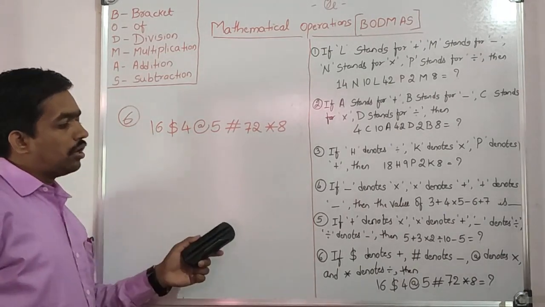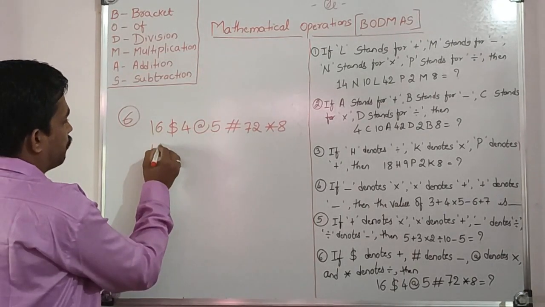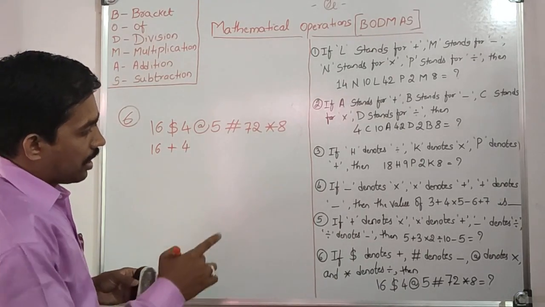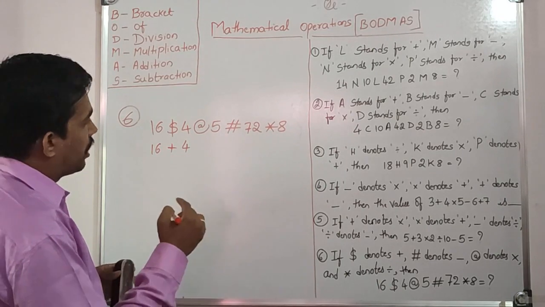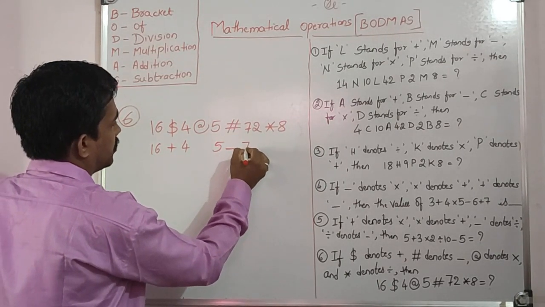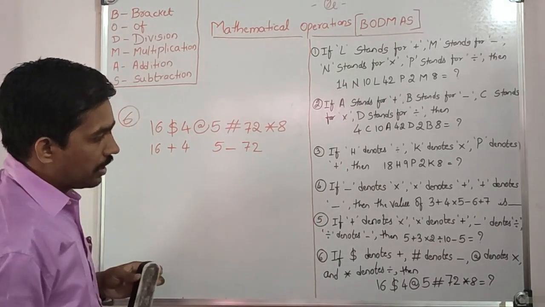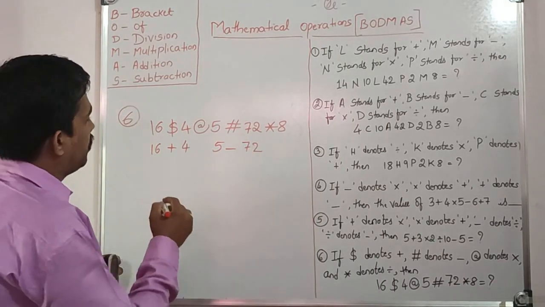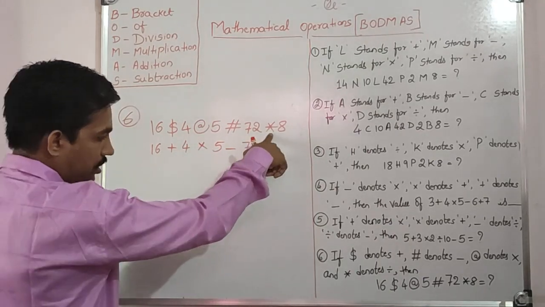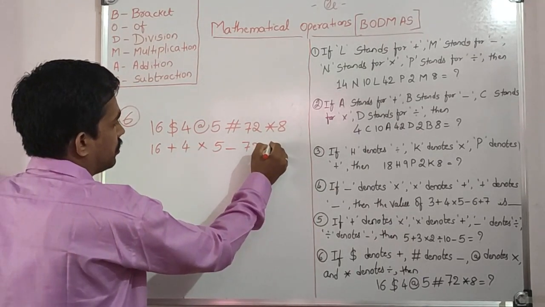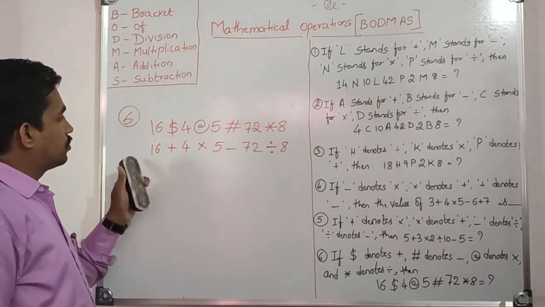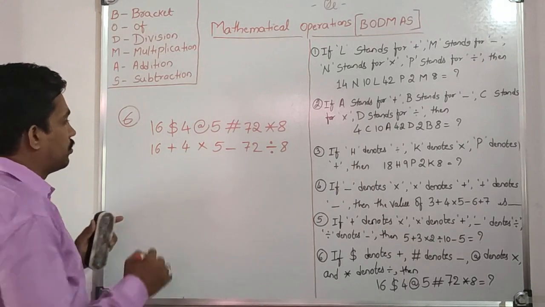If dollar denotes plus, instead of dollar we have to write plus. Hash denotes minus. And then at denotes into. Instead of this we have to write into. And star denotes divide.